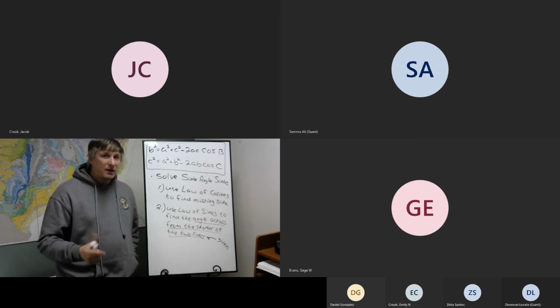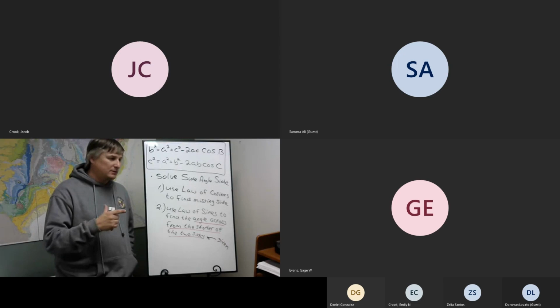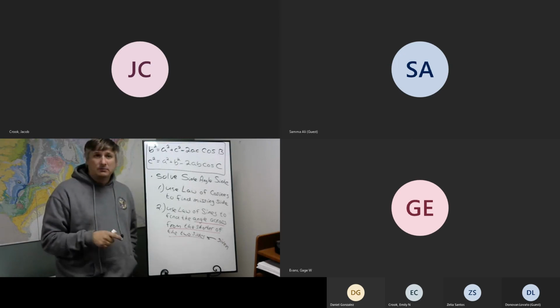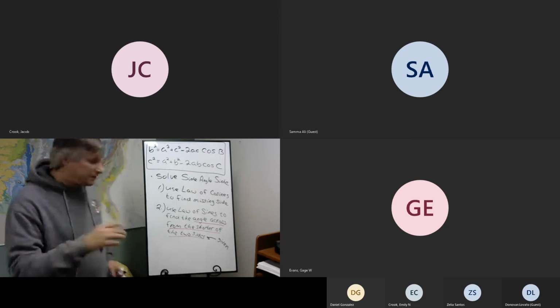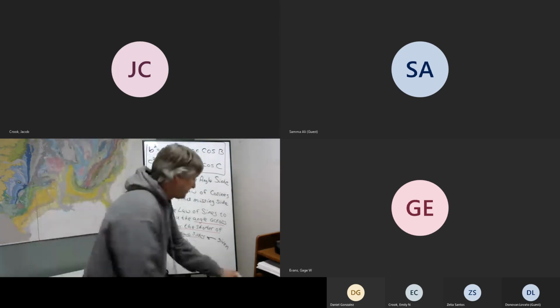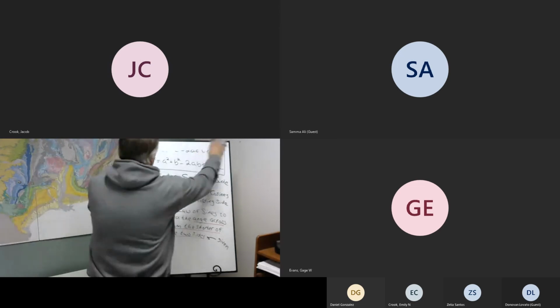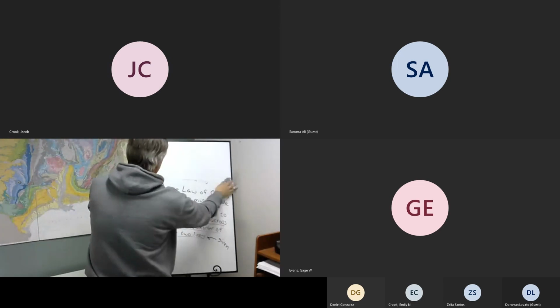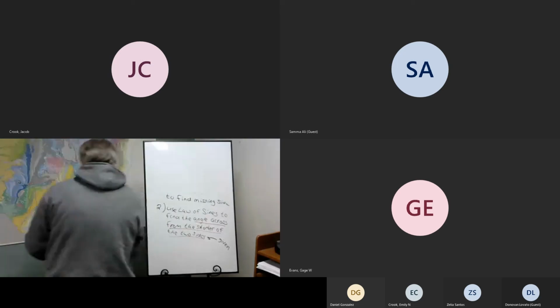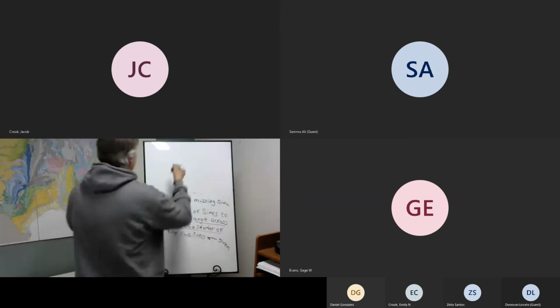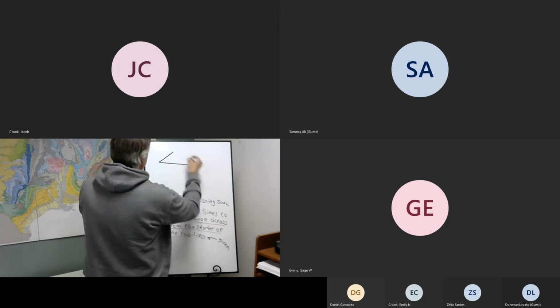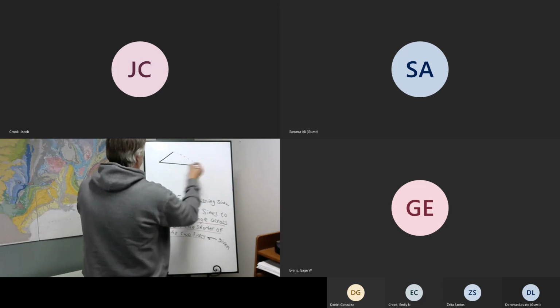So we do want to be careful here. You don't just want to jump in and say, well, okay, I'll go solve for this angle. It's got to be a particular angle. It's got to be the angle that's across from the shorter of the two sides. So if we're given something like this, so if we're given a side, got to solve for this side.